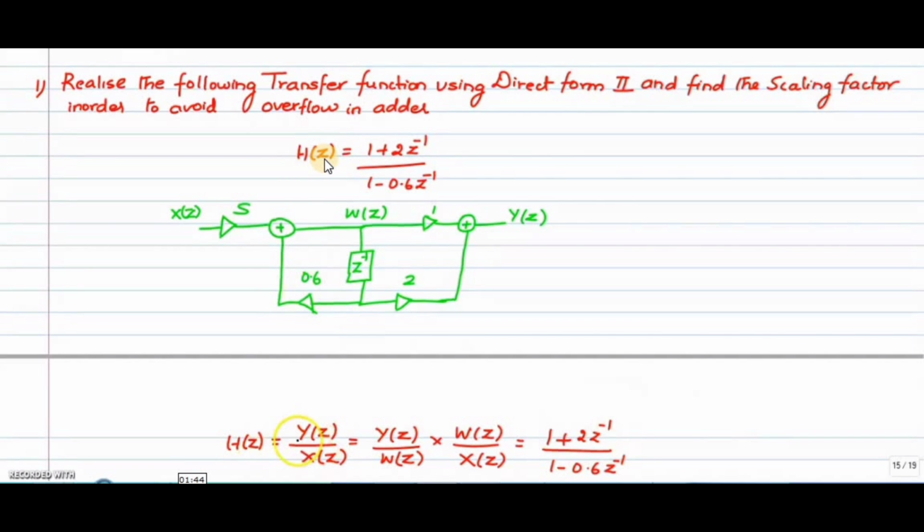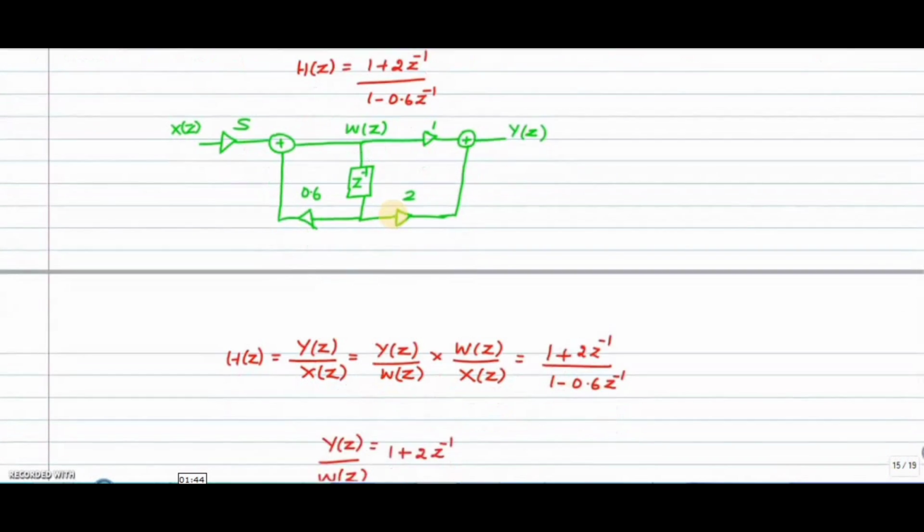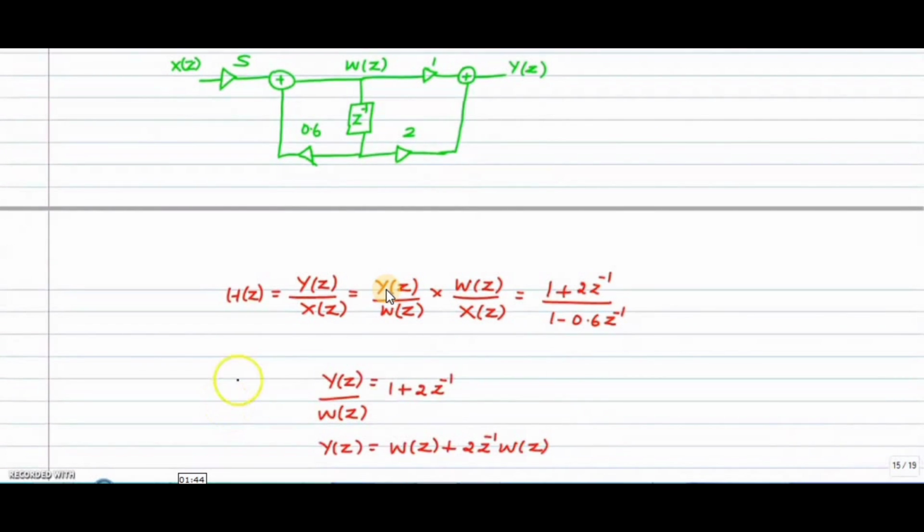So H of z is nothing but Y of z divided by X of z. So I am going to multiply and divide by W of z on both sides. So I can write Y of z by X of z is equal to this numerator, and W of z by X of z equal to 1 divided by 1 minus 0.6 z power minus 1 into S, right?